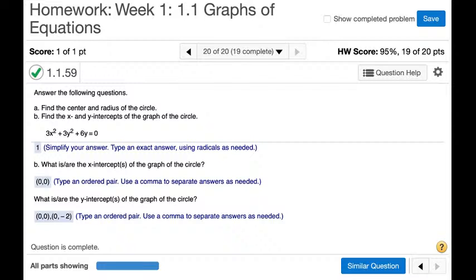Okay, so we finished that one. Let's try to get some practice with 1, 2. Okay, so we want to preview 1 and 2.